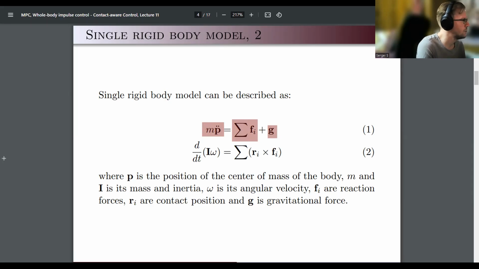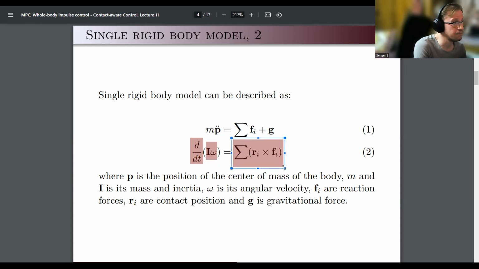And here is Euler's law. I'm just not writing it out exactly here. What I'm saying is the derivative of kinematic momentum, I think is the correct English term, though I feel unsure of my terminology here, would be equal to the sum of all external torques.